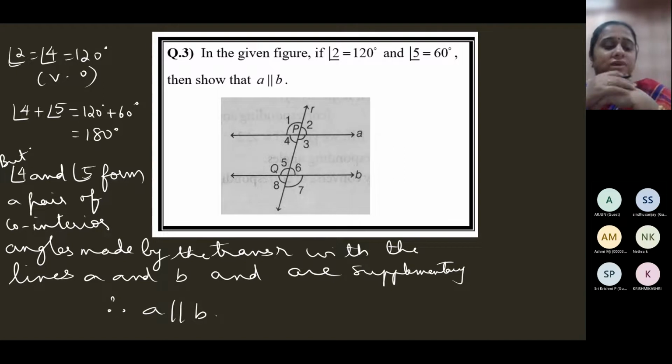But angle 4 and angle 5 form a pair of co-interior angles made by the transversal R with the lines A and B, and are supplementary. So those two lines A and B must be parallel to each other. Please make a note of this also, children. We have not simply written 4 plus 5 is 180. Angle 4 is 120 degrees and angle 5 is given 60 degrees. So 120 plus 60, we're getting 180. Yes, children. Please write down.